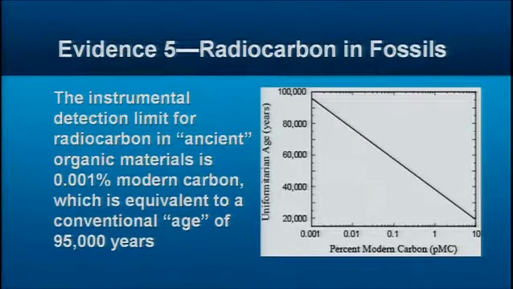But here's the interesting sidelight to this story. As I said before, the equipment that is used today is so powerful that you can actually count individual carbon-14 atoms. However, the detection limit is as good as 0.001% of the present level of carbon-14, which is equivalent to 95,000 years. That's right, theoretically you can only go back 95,000 years with radiocarbon.